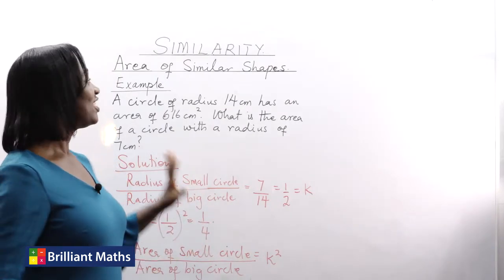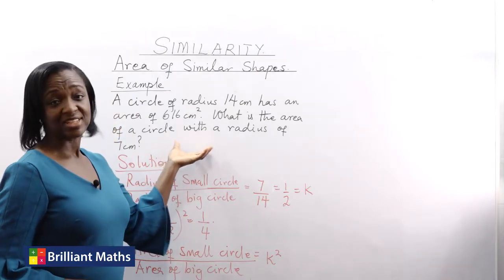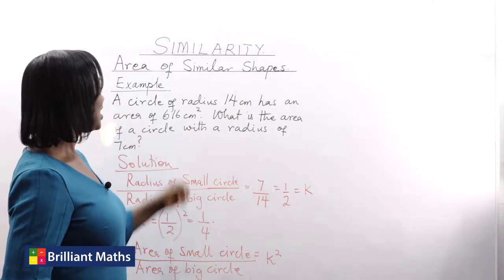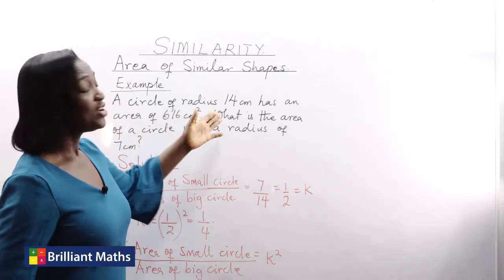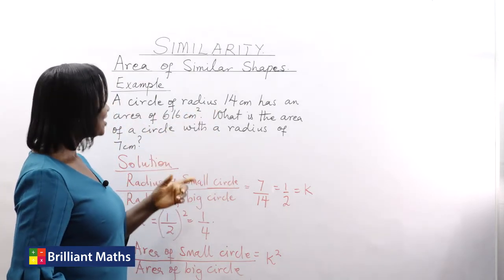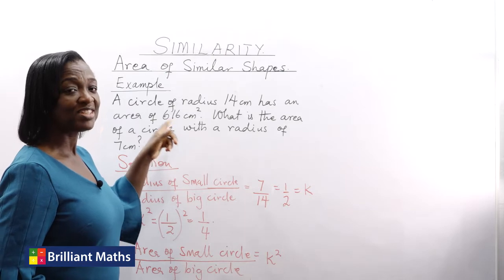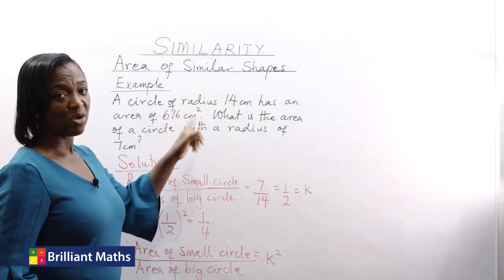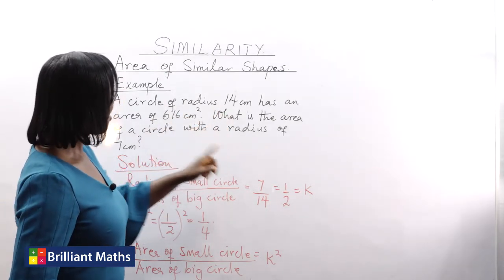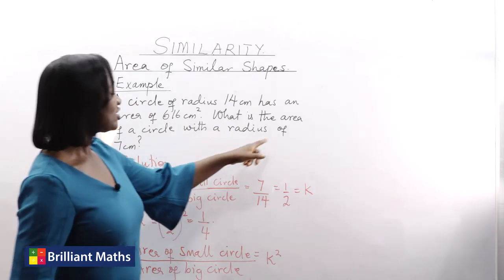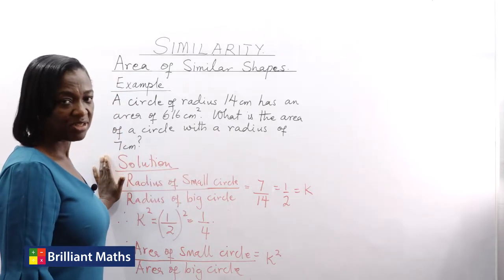Next, we want to look at the area of similar shapes, but this time we're looking at a circle. A circle of radius 14 centimeters has an area of 616 centimeters squared. What is the area of a circle with a radius of 7 centimeters?